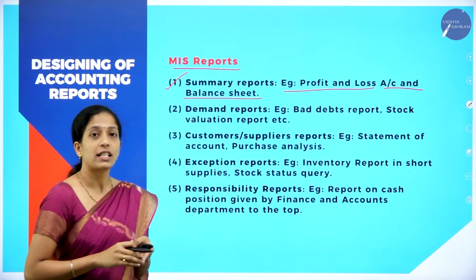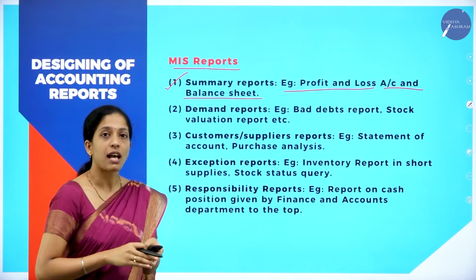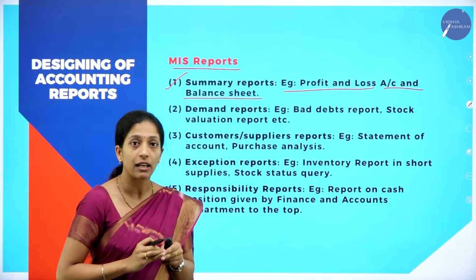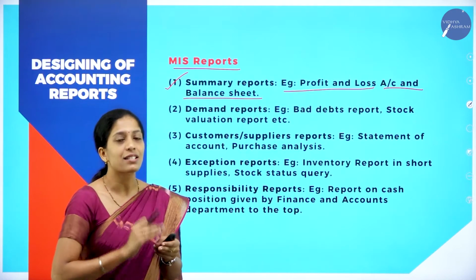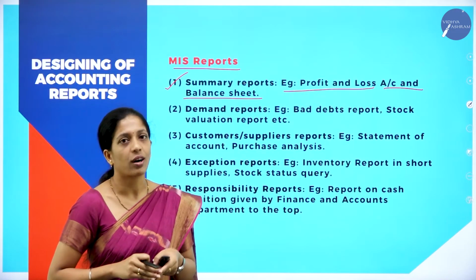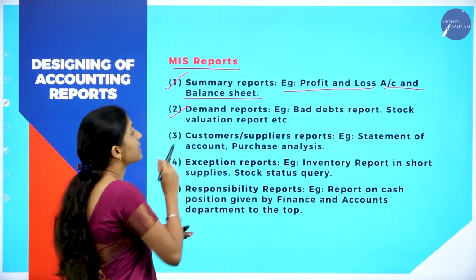As I have already discussed, the first one is summary reports, and the best example is the profit and loss account of an organization and balance sheet. And the second one is demand report.